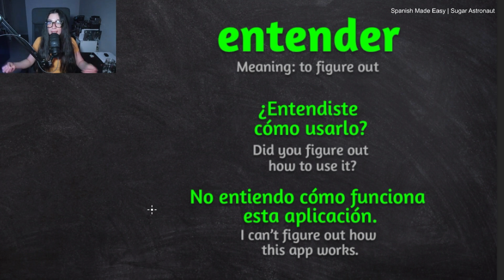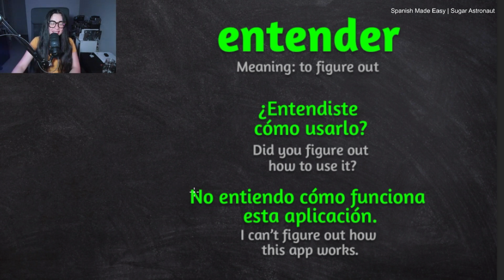There are different ways to say to figure out in Spanish, but this one is all about understanding or not understanding how something works. I know that figure out can mean quite a few things in English. You can use that in different situations, but essentially we're just talking about understanding or mentally grasping something.